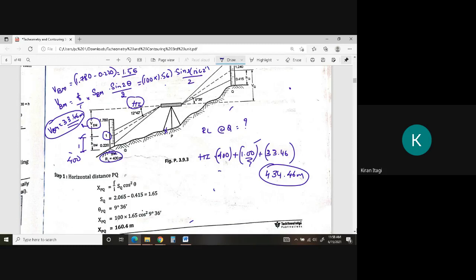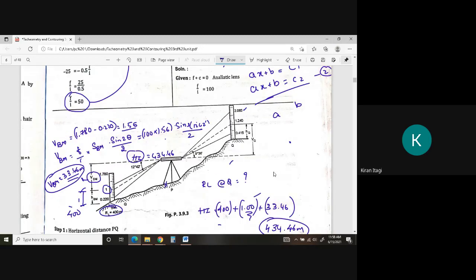At the instrument level, what is the RL? It is 434.46. Now see here, at this level, how much is it? 434.46. But I want it at this level. Are you able to understand?